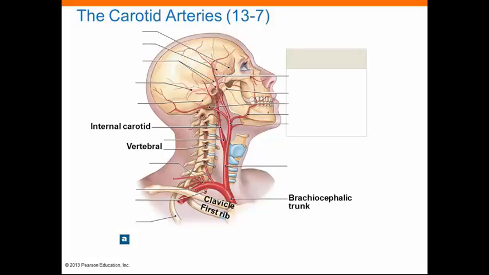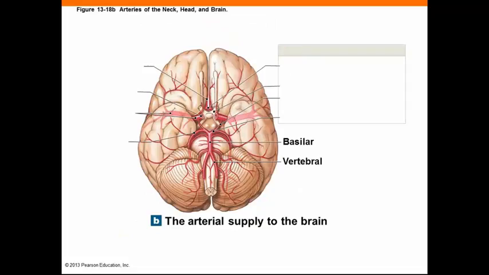In addition to the internal carotid artery, the brain also receives blood from the vertebral arteries. In the cranium, the left and right vertebral arteries enter the skull and they fuse to form one basilar artery. And this is another view to show how the left and right vertebral arteries enter the skull and fuse to form that basilar artery.